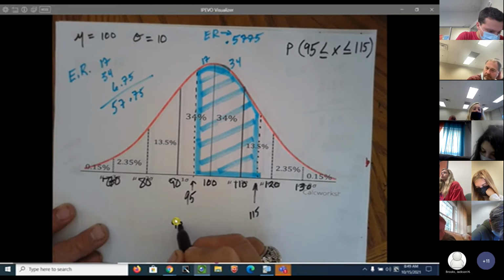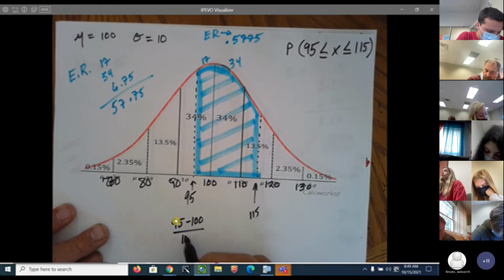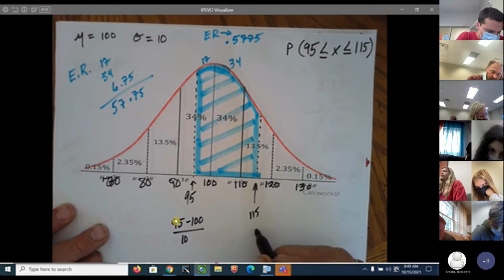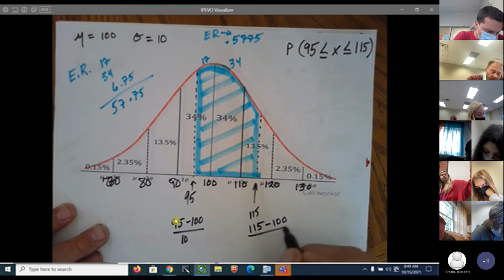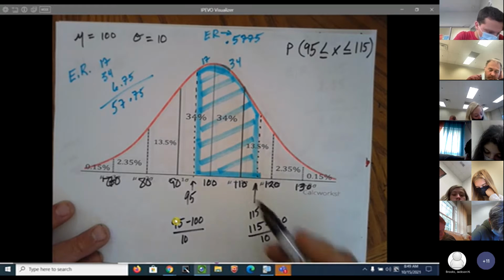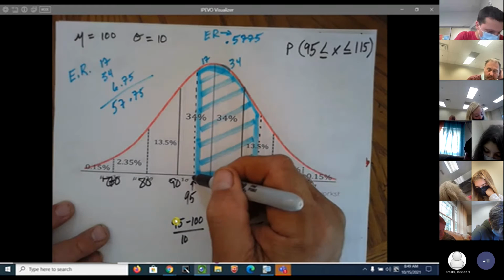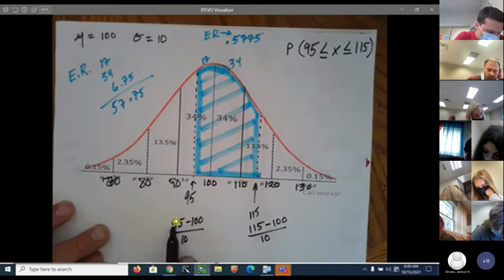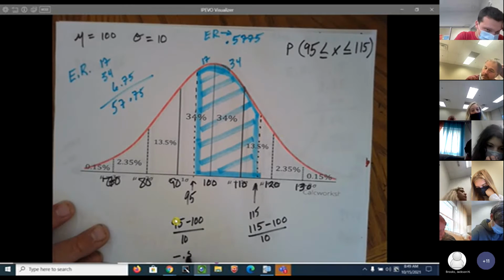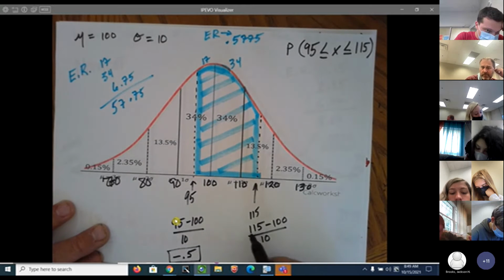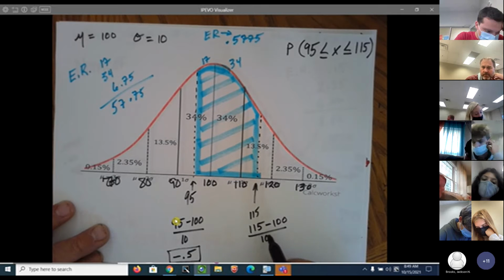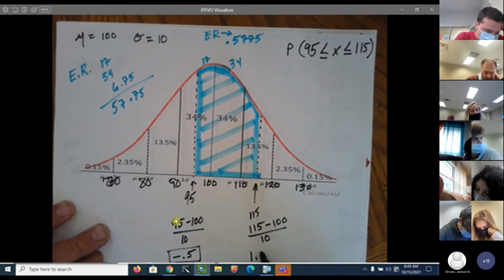So 95 minus 100 divided by 10, and 115 minus 100 divided by 10. It looks like to me it's going to be negative 0.5. Let's see. 95, that's negative 5. Yeah. Negative 0.5 is your z-score on the left. And then 115, that's 15, that's 1.5 on the right.